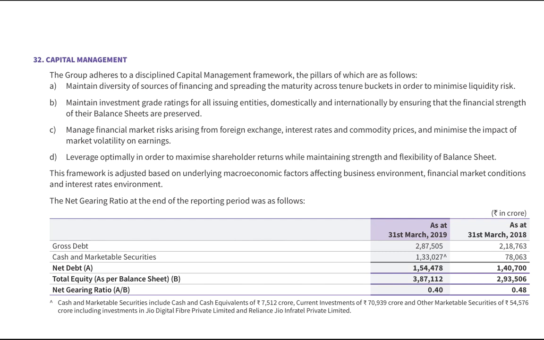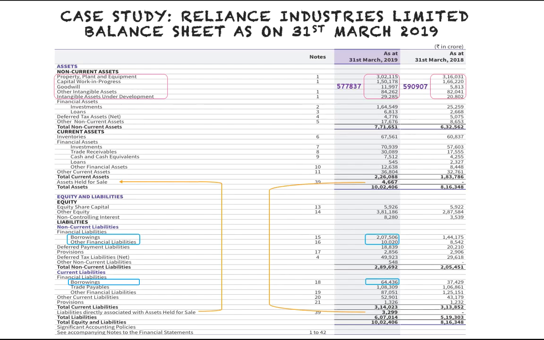Therefore, as of 31st March 18, if you see the previous balance sheet, 0.48 is your net gearing ratio versus the current balance sheet, where it is 0.40. Gearing ratio is nothing but your net debt divided by your equity, so it is A divided by B. So the company is efficiently managing the debt and getting more and more self-reliant rather than depending on external sources of borrowing.